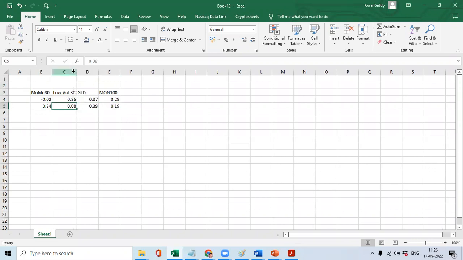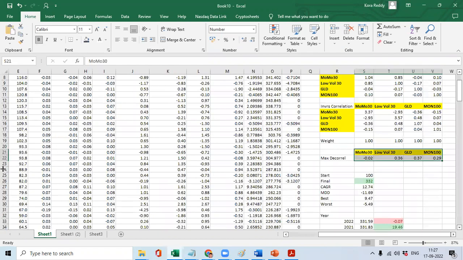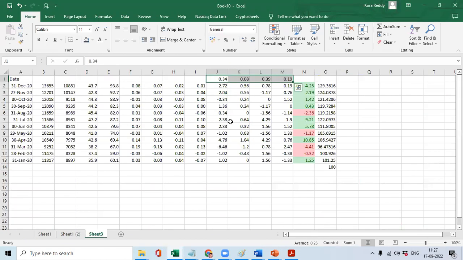Basically, you are dumping the entire Momo portfolio and pushing that into low volume and NASDAQ. The gold remains the same. So you'll only pay tax on this part, which is 34% of this component.